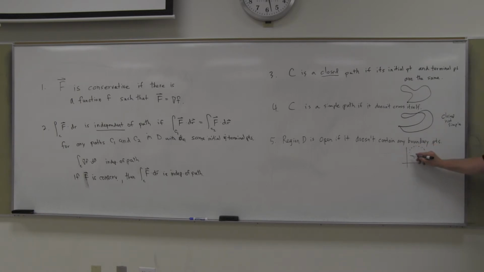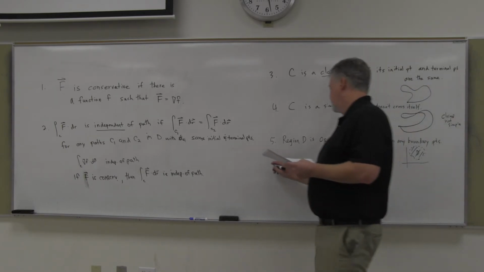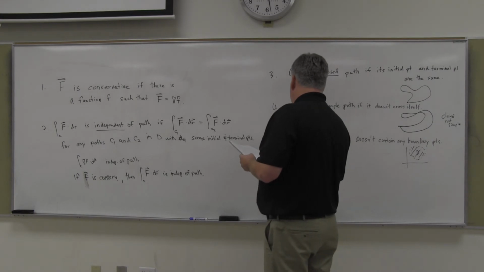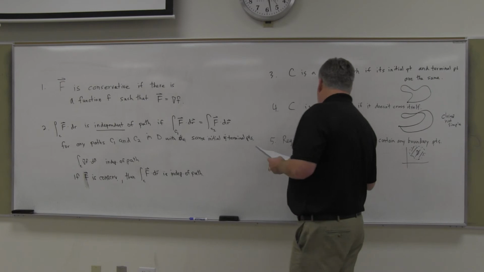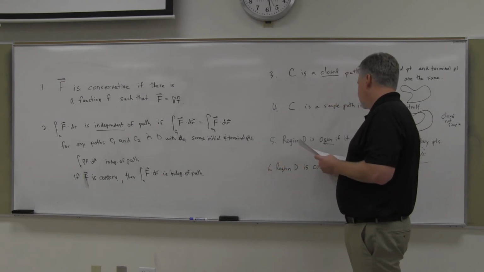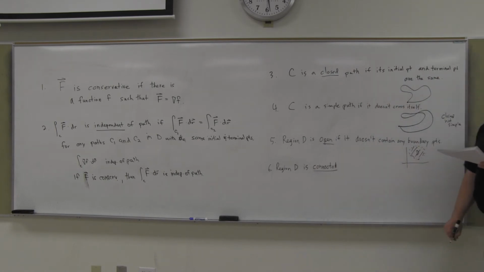Usually if you do dotted lines, that means the boundary is not included, and so that would be an open region. And then we talk about region D being connected. These probably make fairly good sense, but I just want to make sure you understood them.